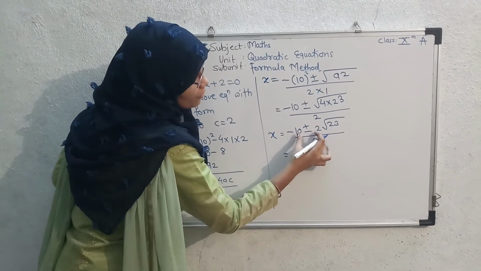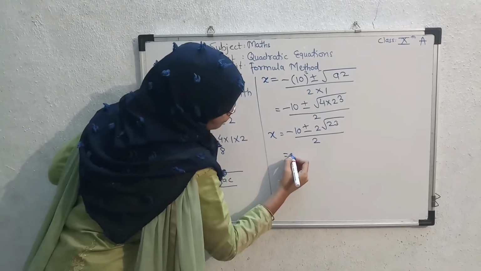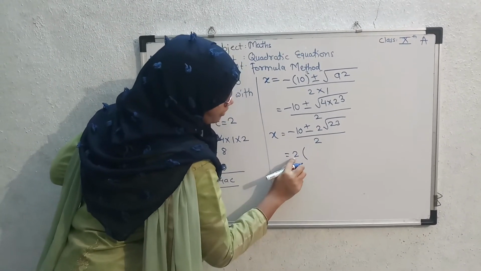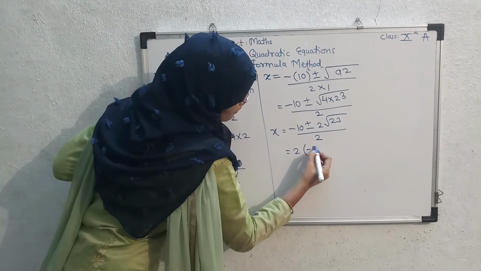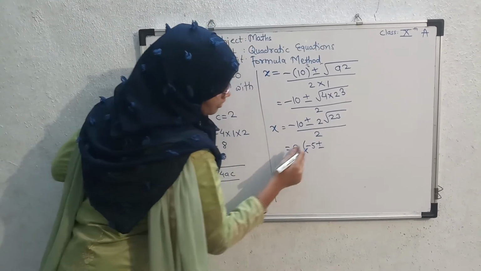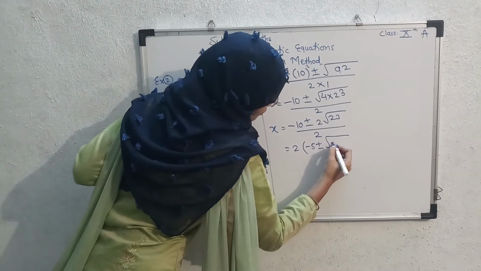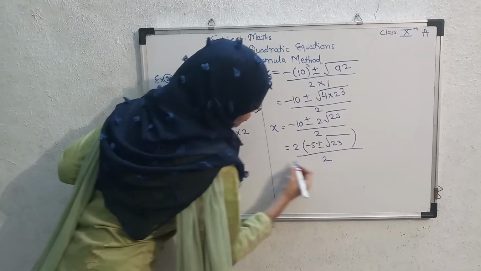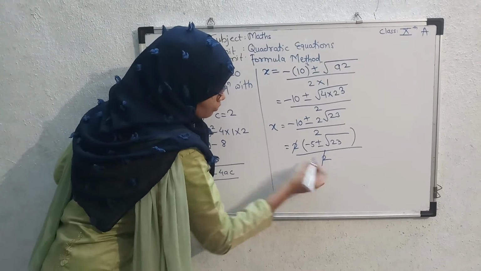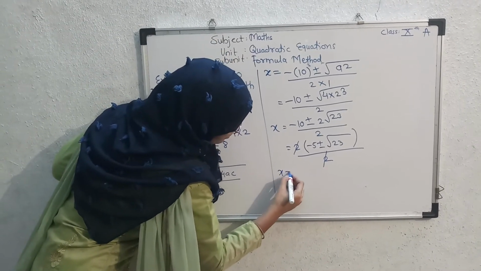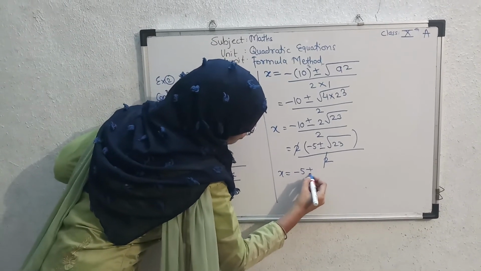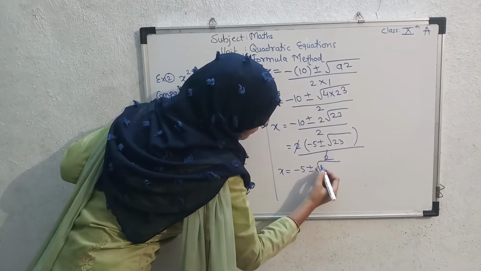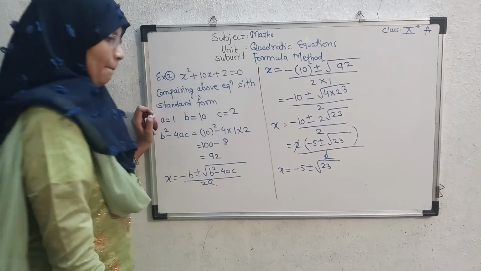Now we got common from 10 and 2. If we take common 2, we got minus 5 plus or minus, here 2 is common, therefore only under root 23 is remained upon 2. These two cancel. x is equals to minus 5 plus or minus under root 23.